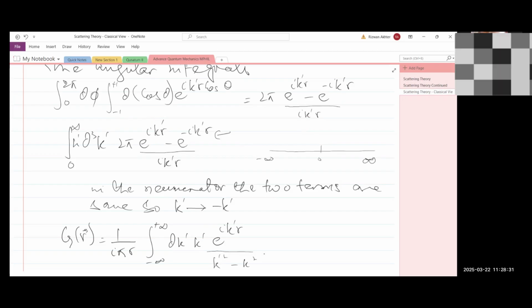That is, at k prime equal to plus k and at k prime equal to minus k. So we need to avoid these poles in order to have the solution of this integral as converging rather than diverging.